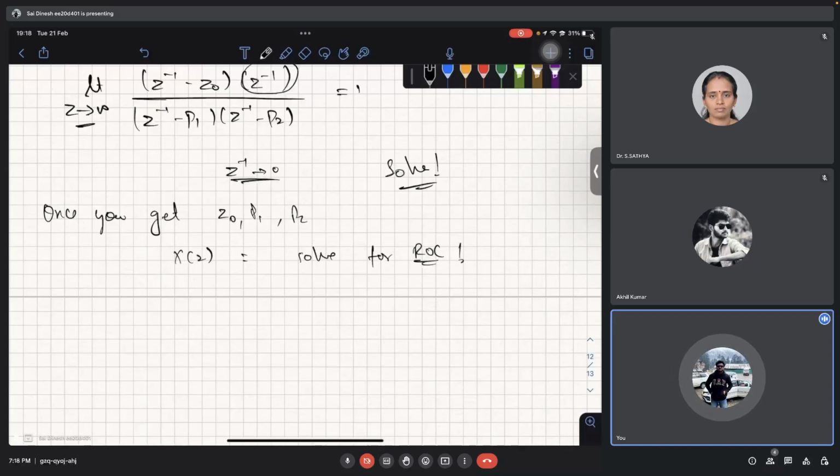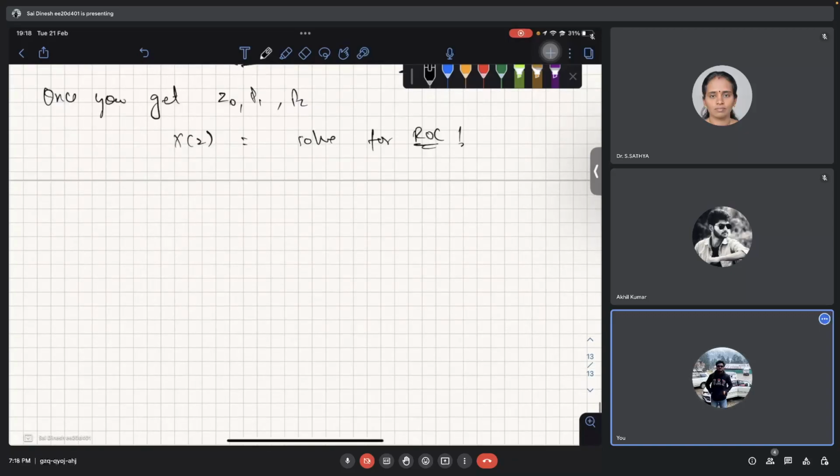We have seen earlier how to solve for ROC. We get a particular form and then we'll see where it converges. So then you get a particular type of ROC in terms of p1 and p2. So that is how it is. Solve for ROC.